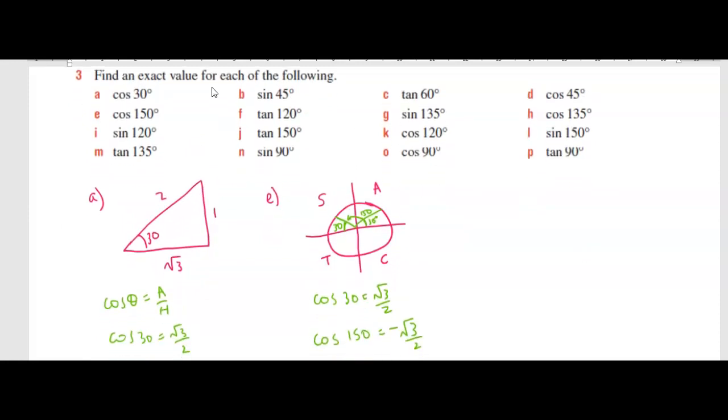All right, so let's do another one. So let's do F, because these questions are going to be quite tricky. Okay, so F, tan 120. So let's draw our unit circle, and all these angles I can see are in the second quadrant. So tan 120, so 120 is here. So remember, your angle always goes from the horizontal or your x-axis. So that angle in there is going to be 180 minus 120, which is 60.